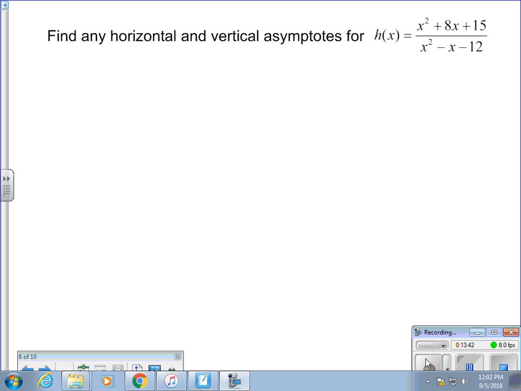Okay, so let's do this. Start with the horizontal asymptotes, because it's easier. The end behavior model for h of x is x squared over x squared, which is 1, because when you're doing end behavior models of polynomials, it's just the largest power, x squared over x squared, that simplifies to 1.